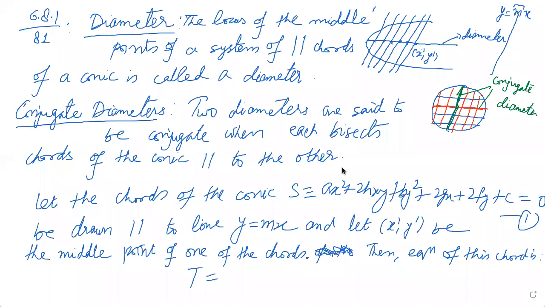T is equal to how much? Equation of a chord with a given middle point, T is equal to S dash. ये होती है भाई, है ना? T is equal to S dash.